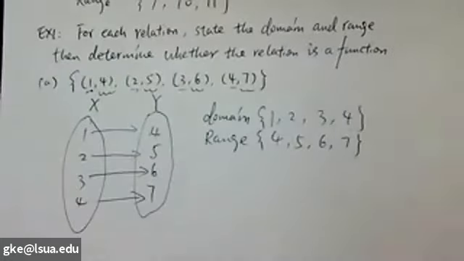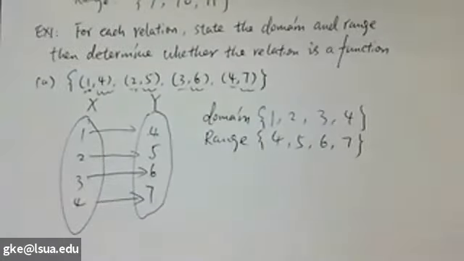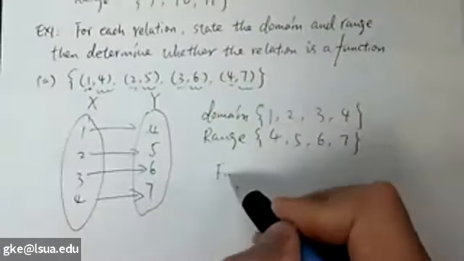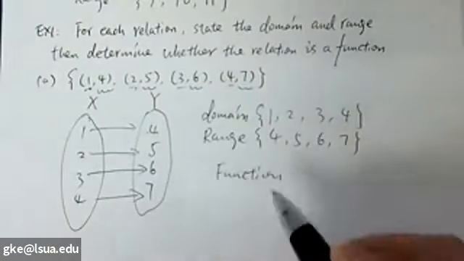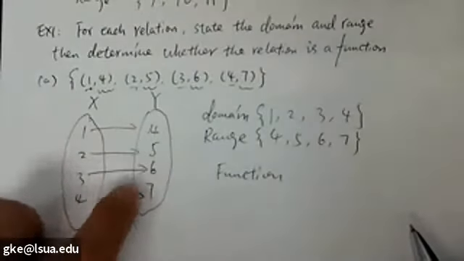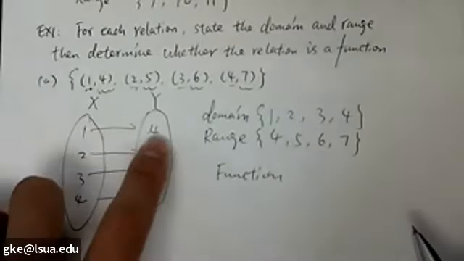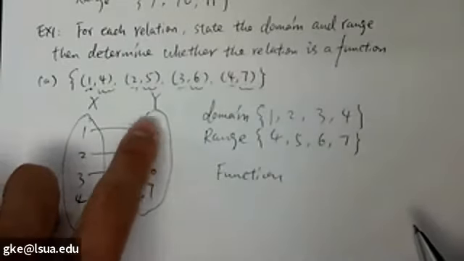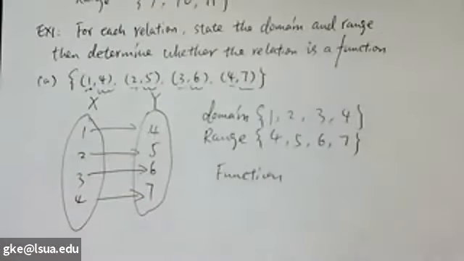Now my question is, is that a function or not? Yes, of course, that's a function. One element corresponds to one element in Y. Very good. Now I'm going to let you guys try it.